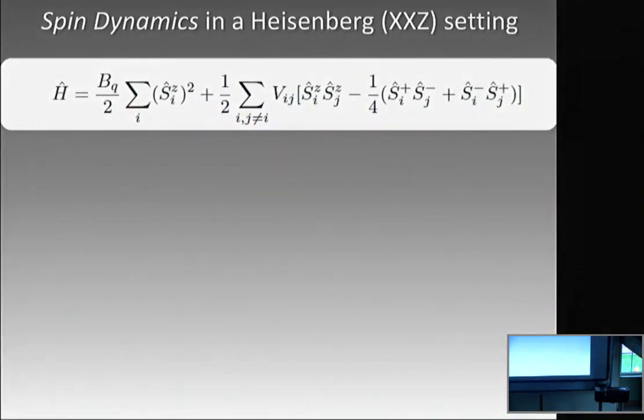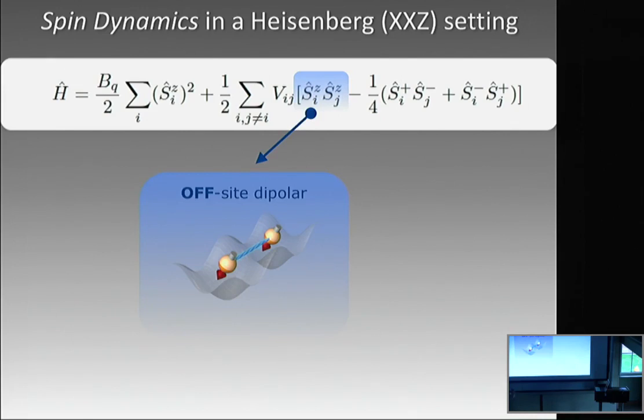Okay. So this is the Hamiltonian we would like to study, realize, and probe. It has an off-site dipolar interaction. Since the interaction is long range, the dipoles on different lattice sites can see each other. So there is a nearest-neighbor interaction, which is not triggering any dynamics.